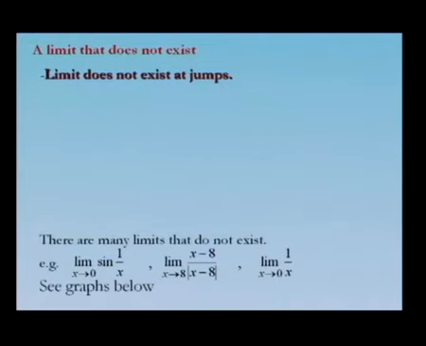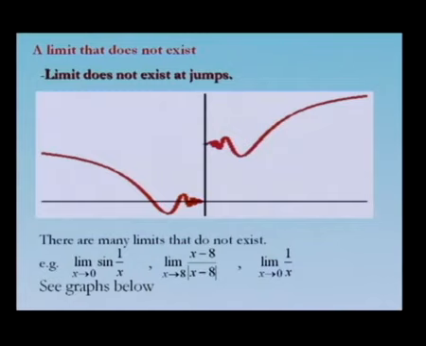Now there may be some examples where the limit does not exist, like the limit does not exist at jumps. For example, consider this graph of some function. Here x is tending to 0 from left hand side, then function is tending towards 0, and when x is tending towards 0 from the right hand side, f is tending towards some positive number.